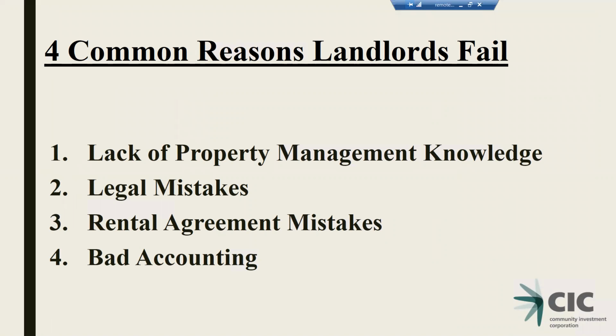And then, four, bad accounting. The reason why we have bad accounting up there is because this could be the beginning of your investment life, but the accounting piece is so critical because you want to grow your portfolio. So if you purchase a 2 flat or 3 flat, the next level should be a 5, 6, or 10 unit building.